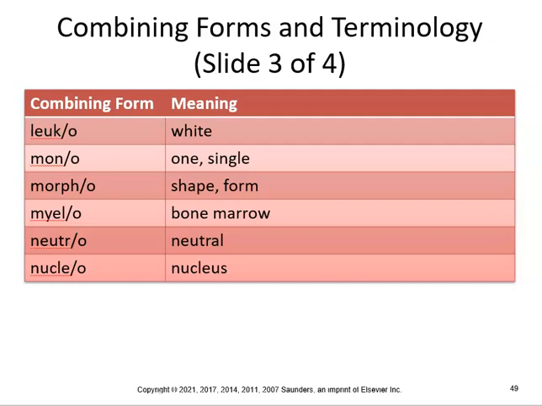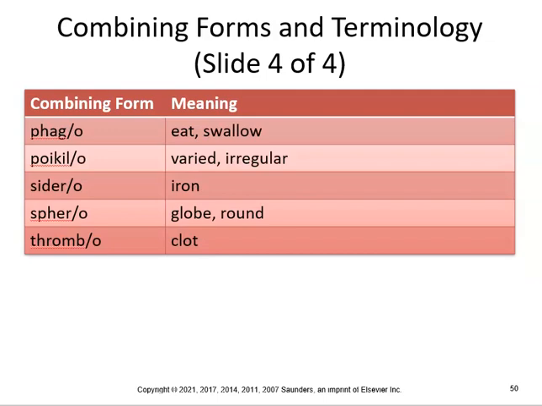Morph is shape or form, so morphology, study of shape or form. Myeloblast would be a bone marrow cell that develops into a myelocyte and then a leukocyte. Neutral, so neutropenia, deficiency in neutrophils. Nucleus, mononuclear, pertaining to a white blood cell with one large nucleus.